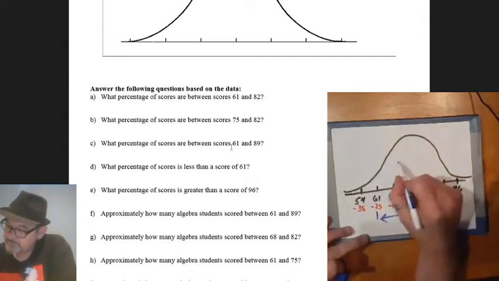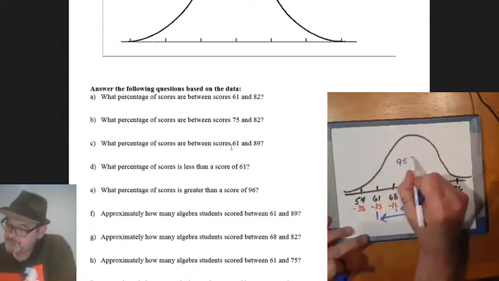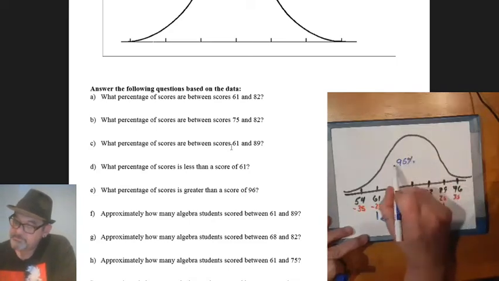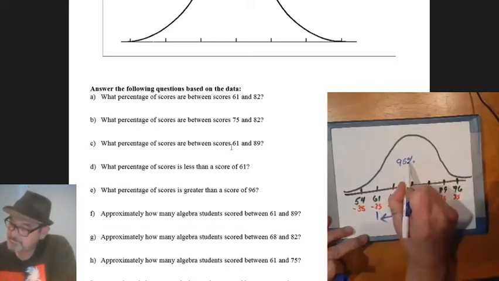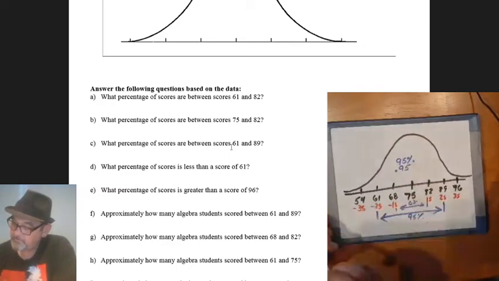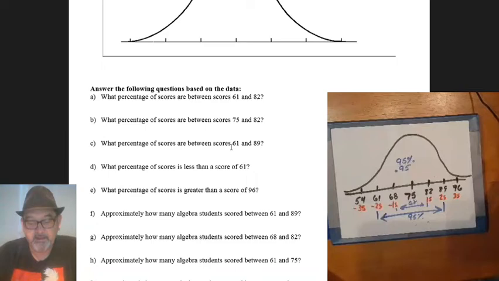We just move it 2 decimal places to the left. So 95% is 0.95 as a decimal. And what is 0.95 times 500? 475. So how many algebra students scored between 61 and 89? 475 of them.